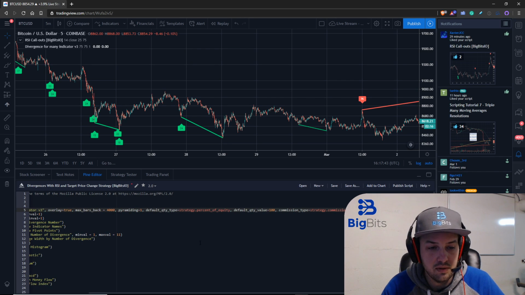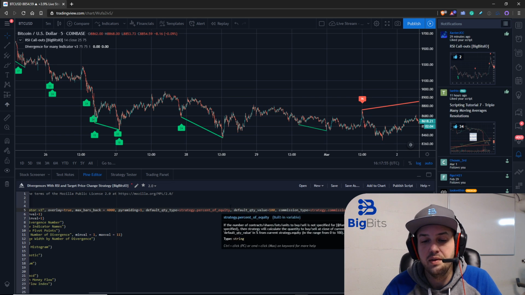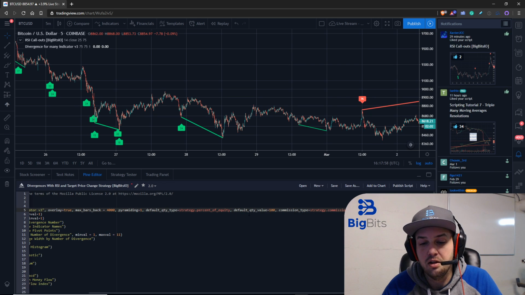Excellent. So since this is a strategy, we are going to define a few other things. The pyramiding is basically how many different orders you can have open at once. Default quantity type, we're going to use a percentage of our equity. We're going to have our default quantity be 100% of the equity that we're using to trade with.